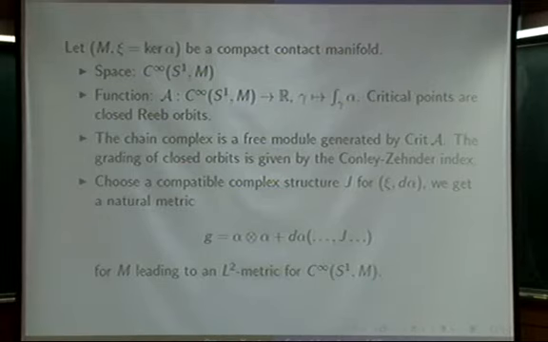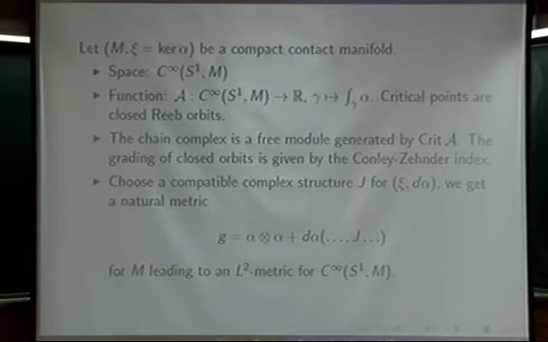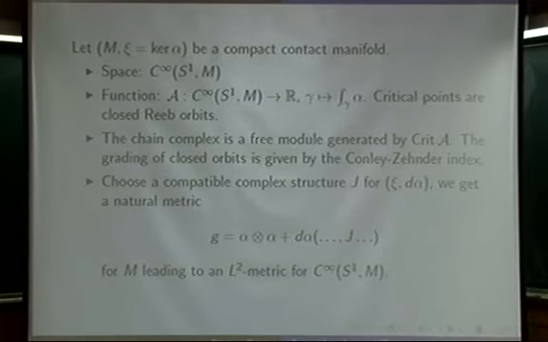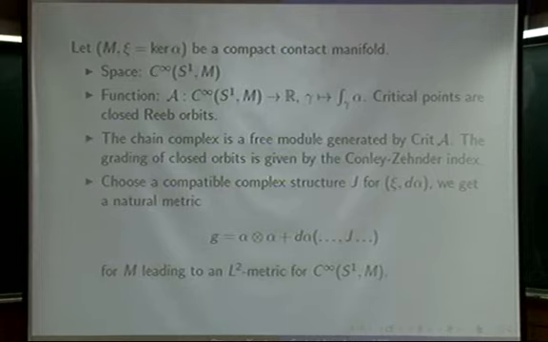Okay, so we are in the same setup, and we want to copy everything at first. We define a chain complex as a free module generated by the critical points, so by periodic Reeb orbits. And the grading is defined by the so-called Conley-Zehnder index. I won't define it because it takes time to define.